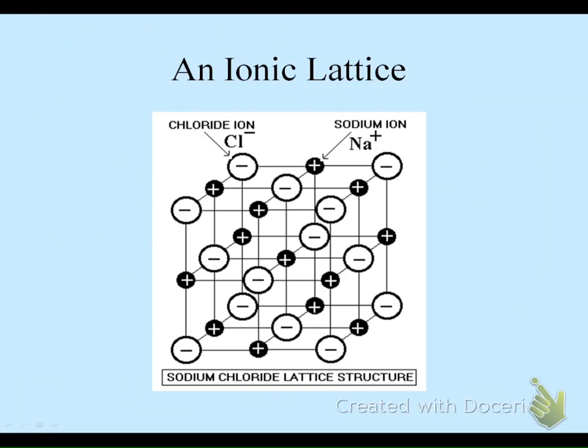We talked before when we did mole conversions about formula units. So let me show you here now that we're looking at a lattice what a formula unit looks like. Out of all of these ions here, you look for the simplest ratio. So for example, there's a 1 to 1, and that repeats itself, 1 to 1, 1 to 1.